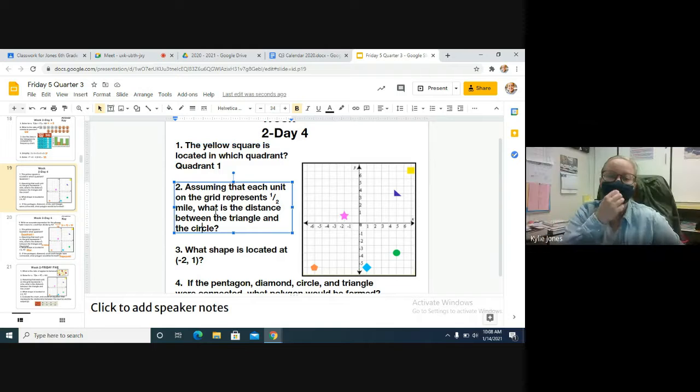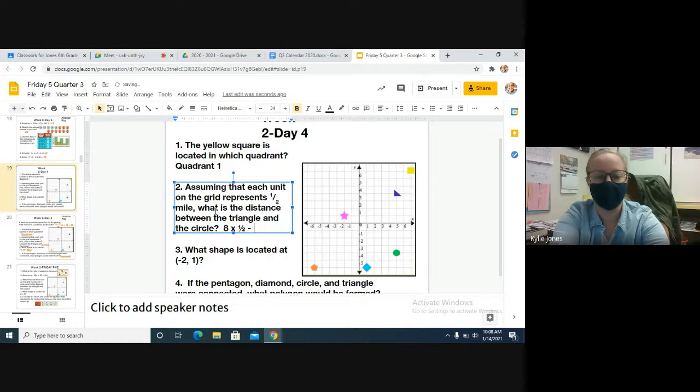Number two, assuming that each unit on the grid represents a half of a mile, what's the distance between the triangle and the circle? Okay, so first thing we need to do is count the distance, right, from the circle to the triangle. How many units is that? 8. Good, 8 units. We need to multiply that times the 1/2.